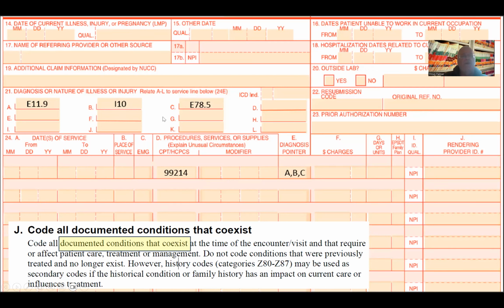You have 3, 6, 9, 12 options here, 12 spaces, 12 fields for diagnosis codes in box 21, and there should be every diagnosis code that is documented in the record. And here we have an E&M code, and all three relate to the E&M code.